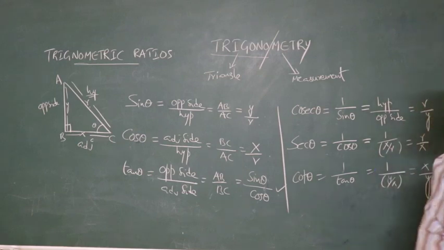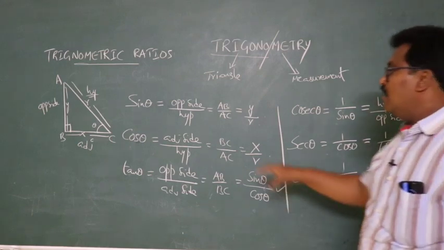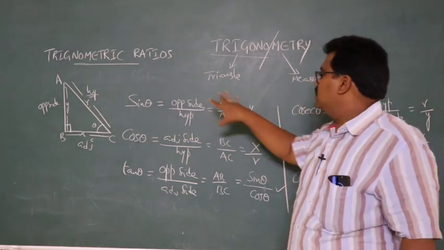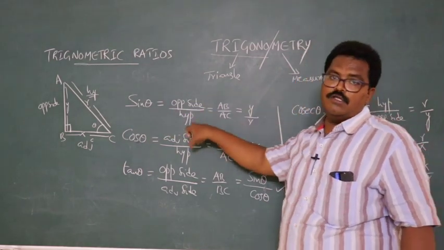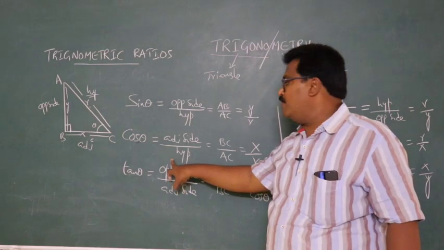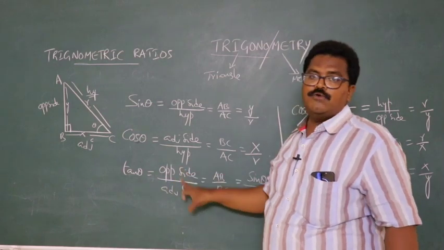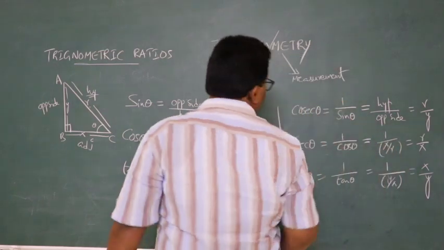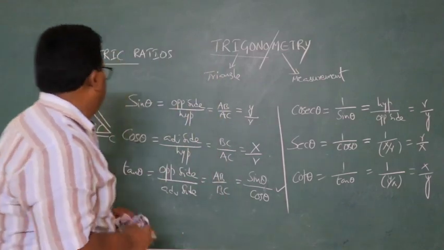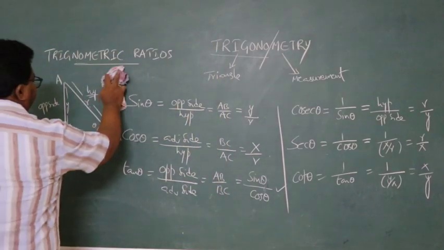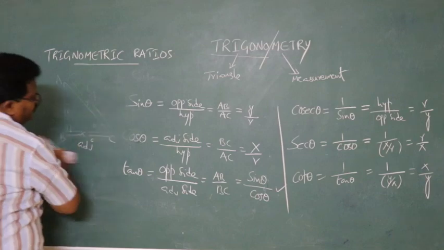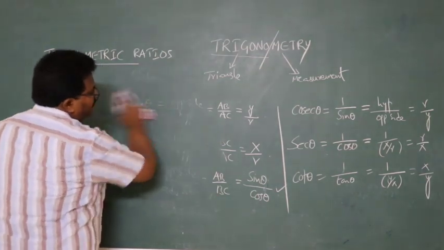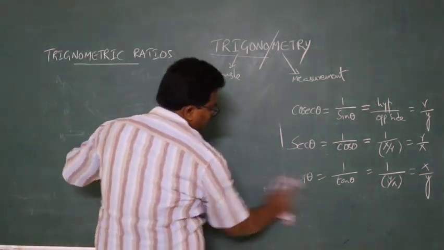So this is about the 6 ratios. Sin theta is opposite by hypotenuse, cos theta is adjacent by hypotenuse, and tan theta is opposite by adjacent. We have to remember these formulae.